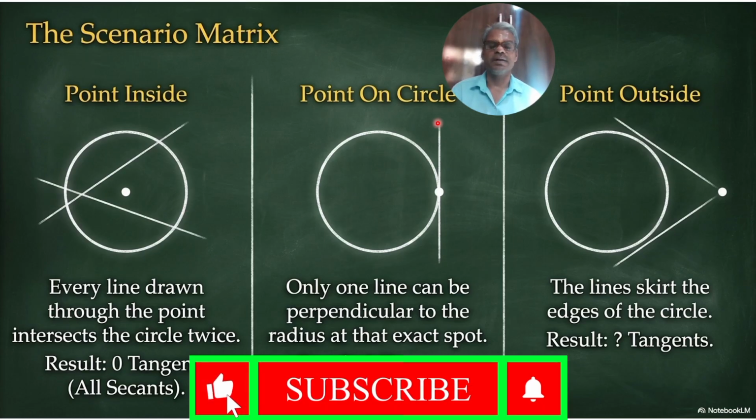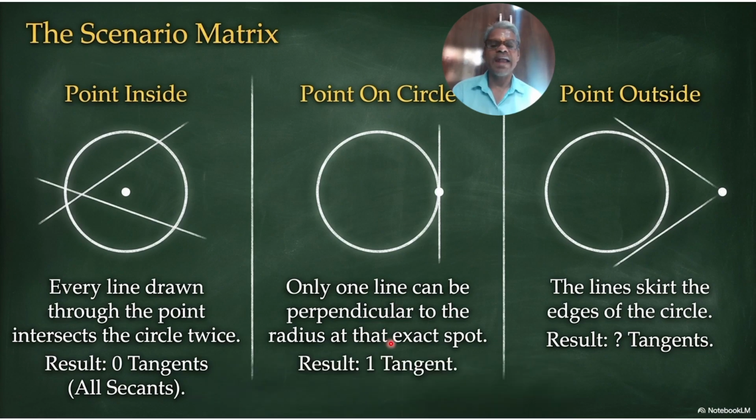Point on the circle: only one line can be perpendicular to the radius at that exact spot. Therefore, the result is 1 tangent. Point outside the circle: the lines skirt the edges of the circle. Result, how many tangents? We will discuss and find it.